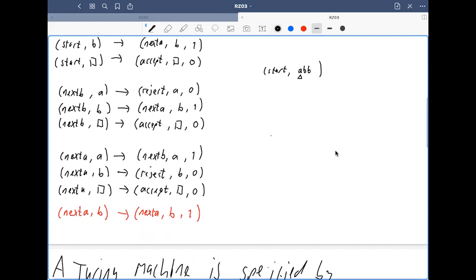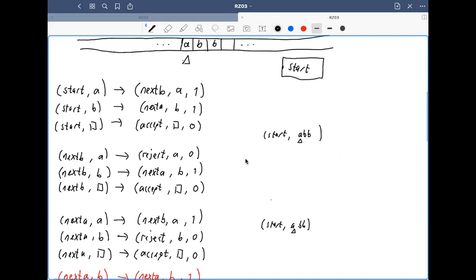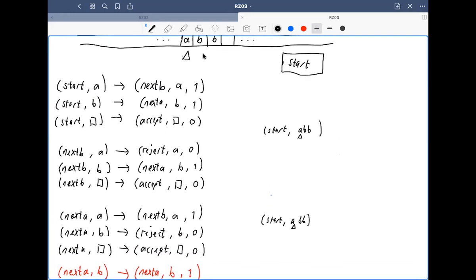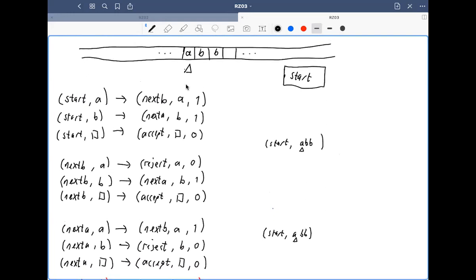Basically I'm executing the machine starting off in this configuration here, and this is just a shorter way of writing the configuration.